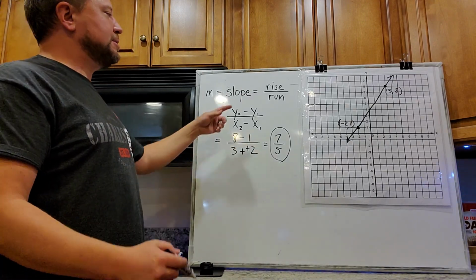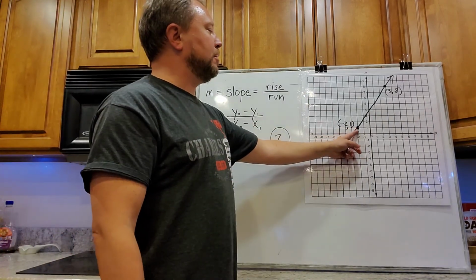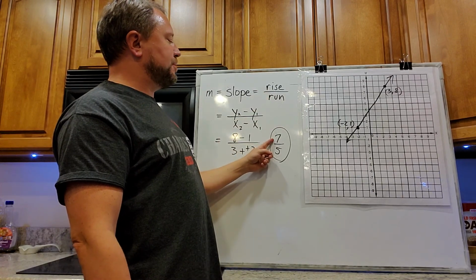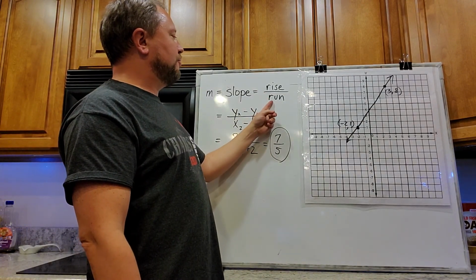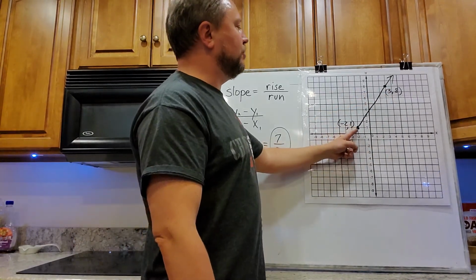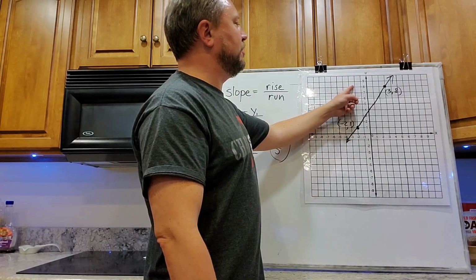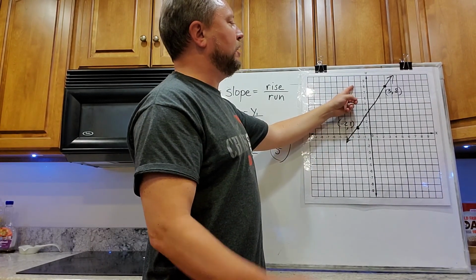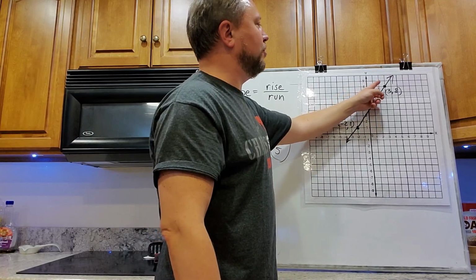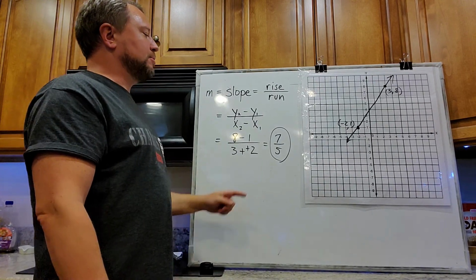Okay, and what that really is saying, if you look at it as rise over run, is that if you start down here, and if you were to rise up 7 and run forward 5, that's how you end up over here. So if you were to go up 1, 2, 3, 4, 5, 6, 7, it rised up 7, and then run 5. So 1, 2, 3, 4, 5. See it? Up 7 over 5. That's what it's telling us happened.